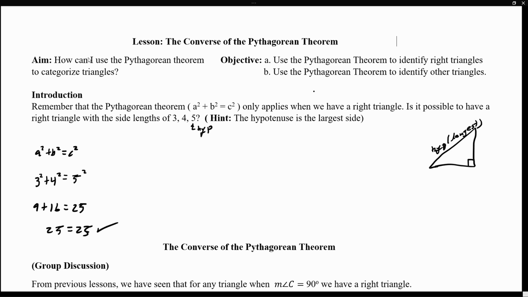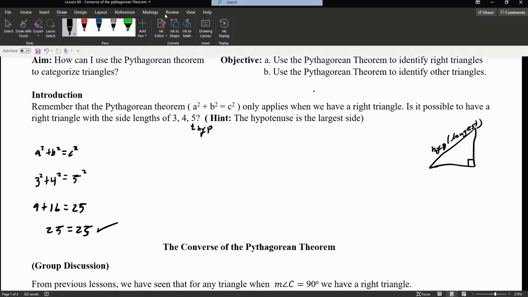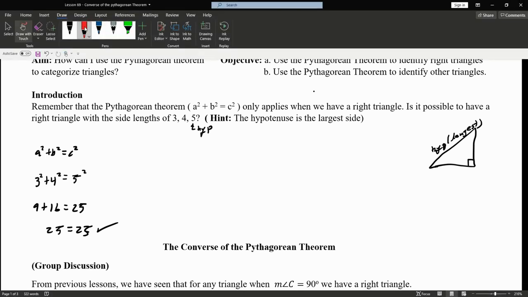So let's think about this for a second. We have just shown that with these three line segments, we have properly satisfied the Pythagorean theorem. So therefore, we can create a right triangle whose sides have values of 3, 4, and 5.